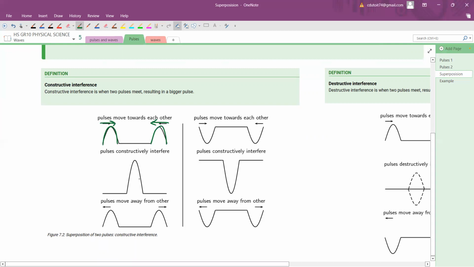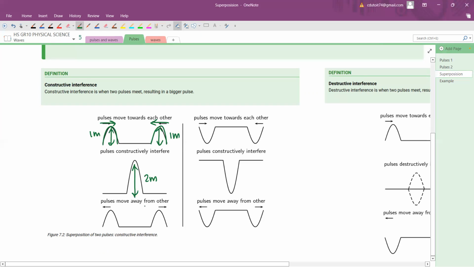And the result is what? If this one was 1 meter high and that one was also 1 meter high, the new pulse when they meet will be 2 meters. So they will actually build one another up. Constructive interference. And after that 2 meter high pulse, they will move away each in their own direction.